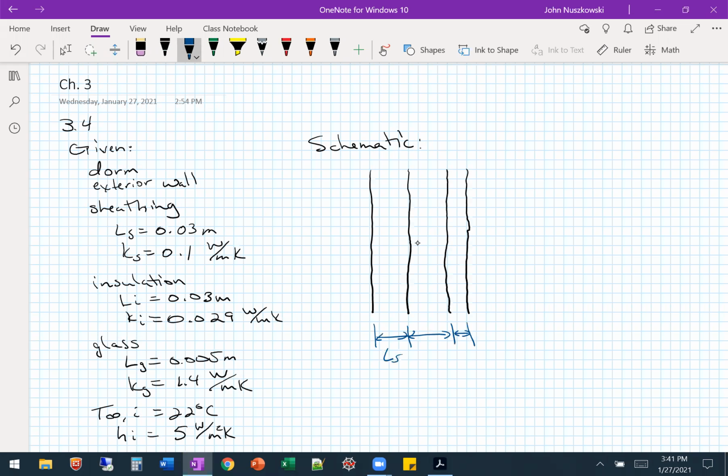So here's our sheathing, length, insulation, glass.